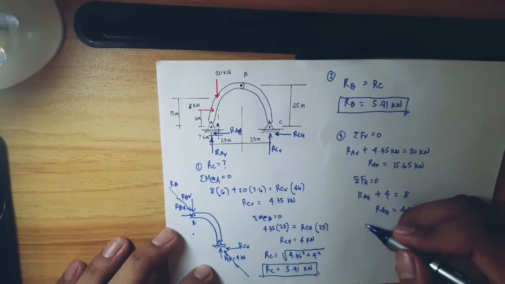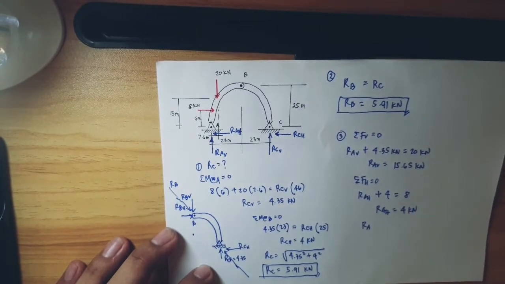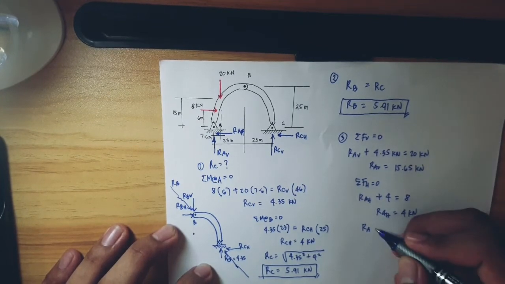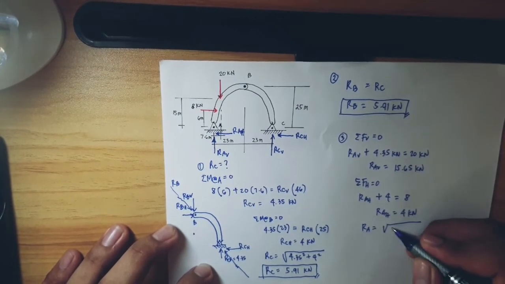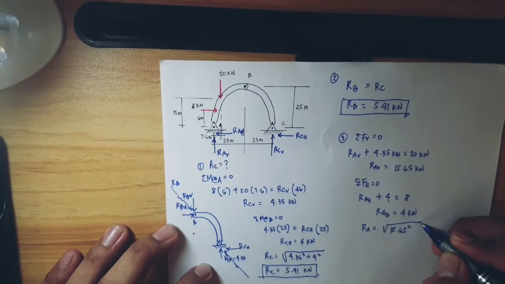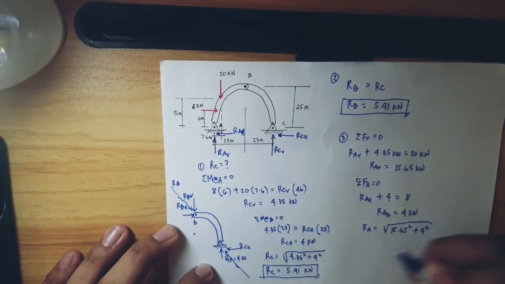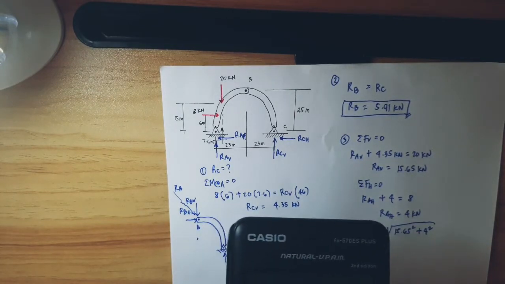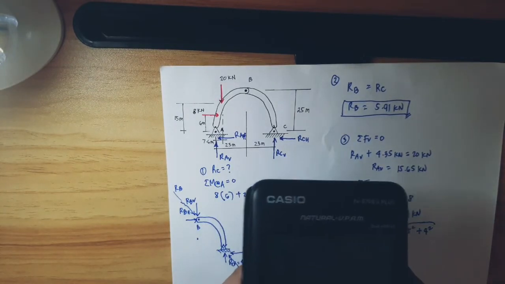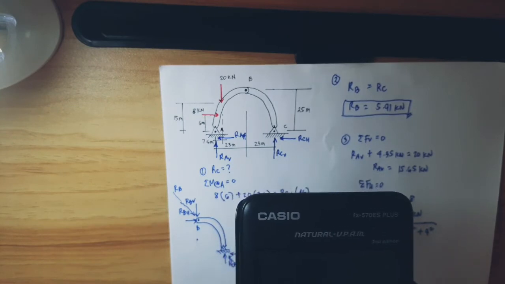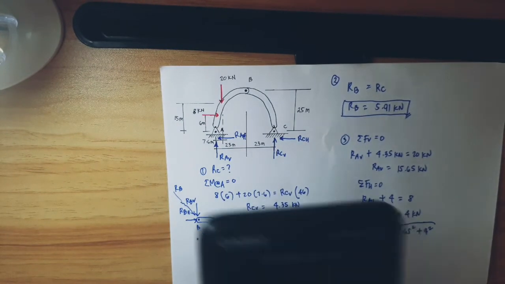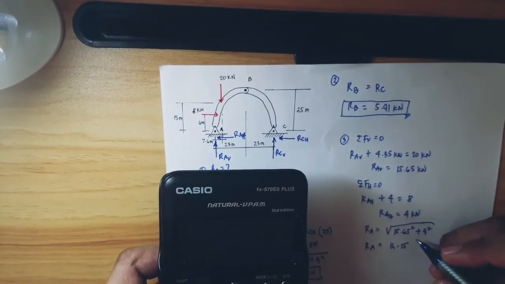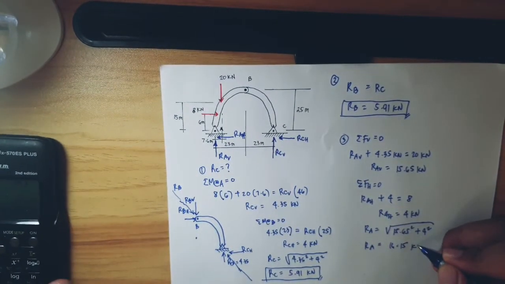So, okay, RA is the square root of 15.65 squared plus 4 squared, you can have the resultant, which is 16.15 kilonewton.